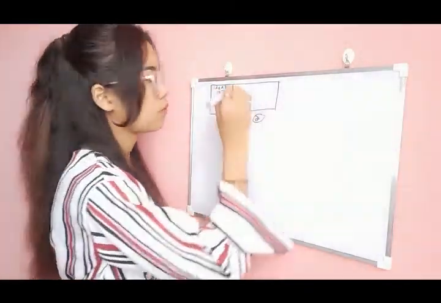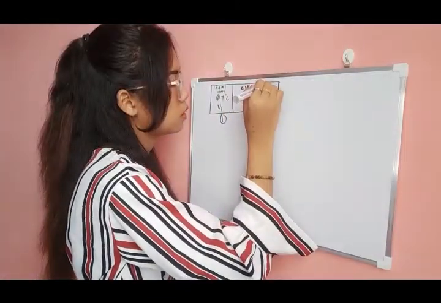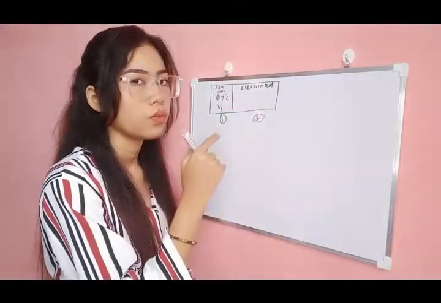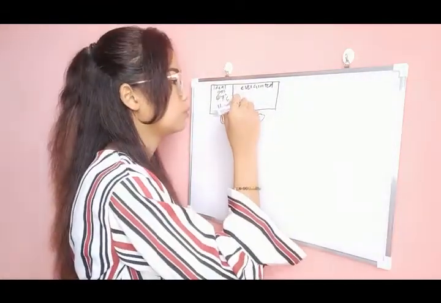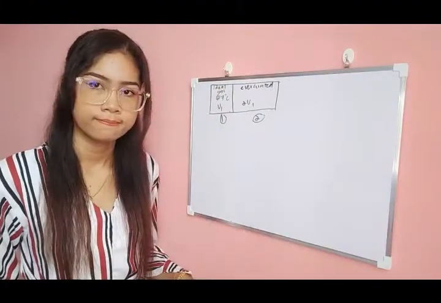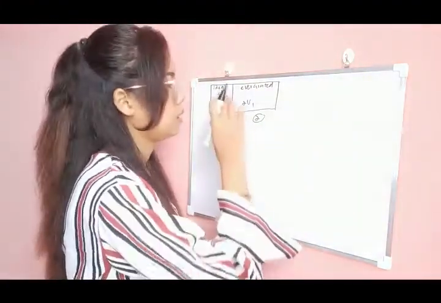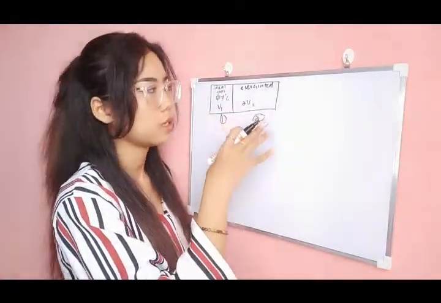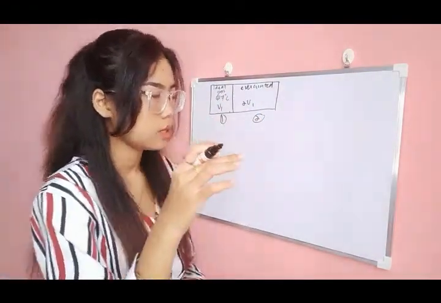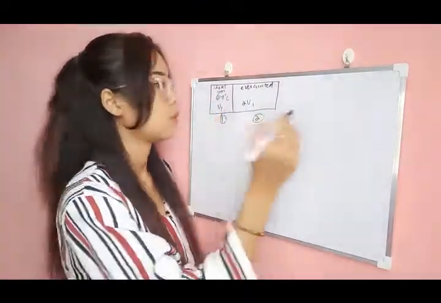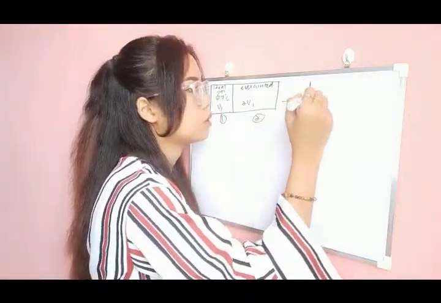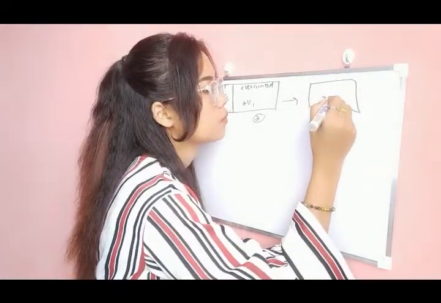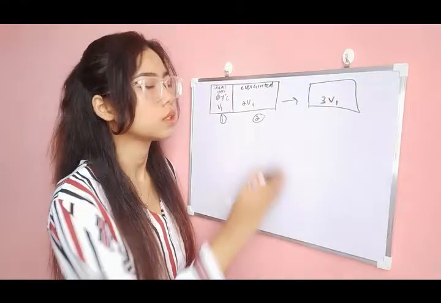And the second one is evacuated, and it has volume twice the first volume, 2V1. And then they remove the partition and apply heat on the gas until the pressure is equal to the initial pressure. So the entire tank has 3V1 volume.